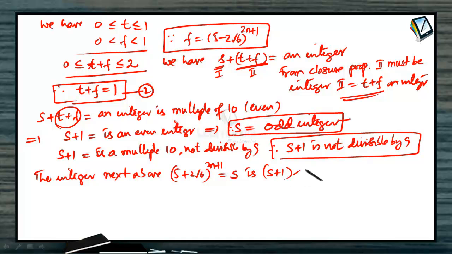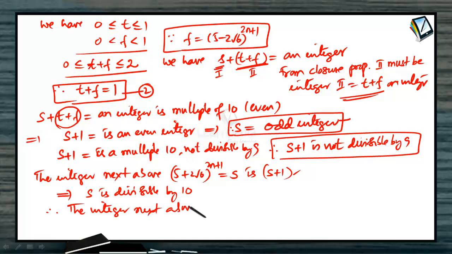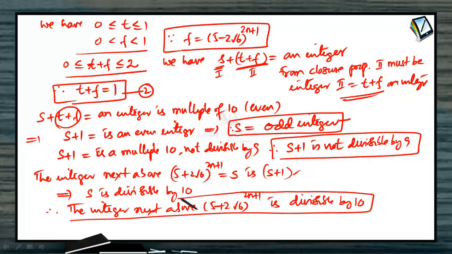And this s plus 1 is not divisible by 9 but it is divisible by 10. Therefore we can say the integer next above 5 plus 2 root 6 to the power of 2n plus 1 is divisible by 10. So option C is also correct from this.